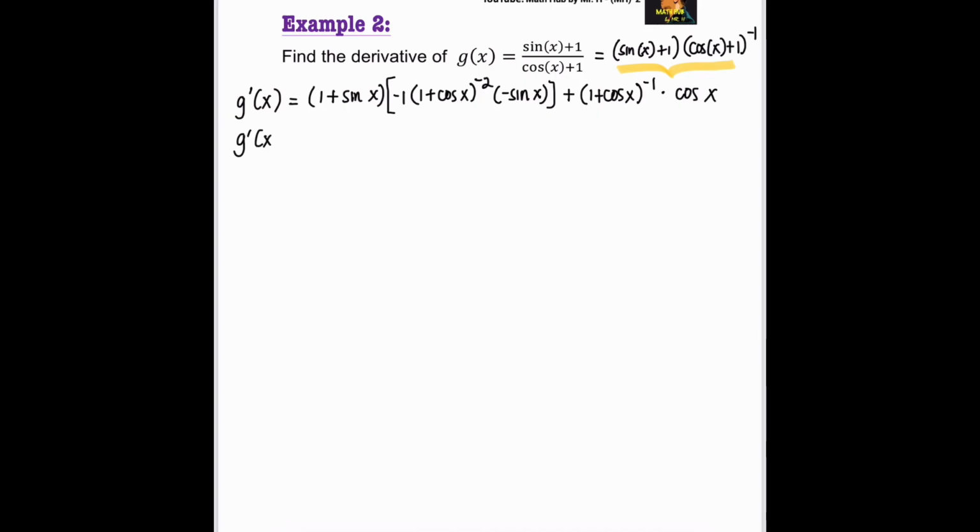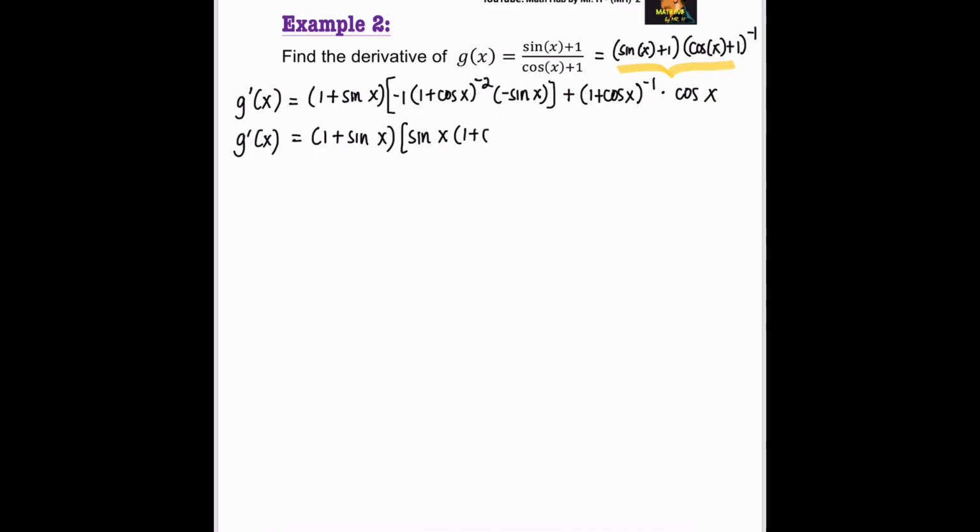So g prime of x equals, we copy 1 plus sine x. And here we can say, so negative 1 times negative sine x is positive sine x. And then I simply copy this one.